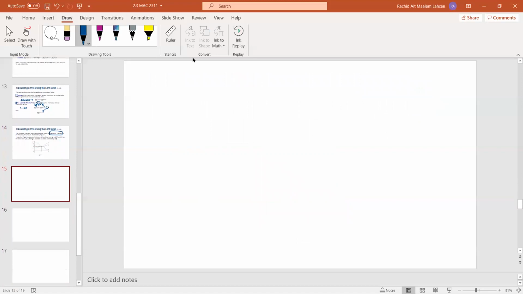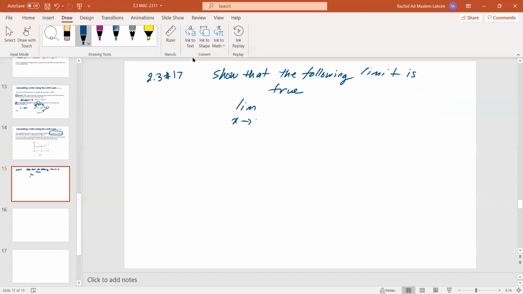So a nice example, it's at the end of the homework, 2.3, number 17. Show that the following limit is true: the limit as x approaches 0 of x to the 6th times sine of 1 over x equals 0.